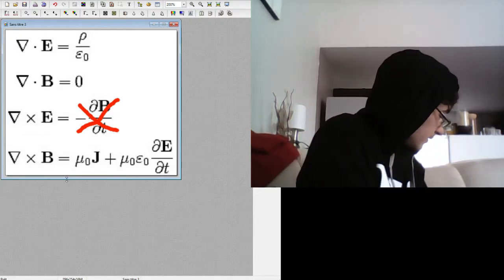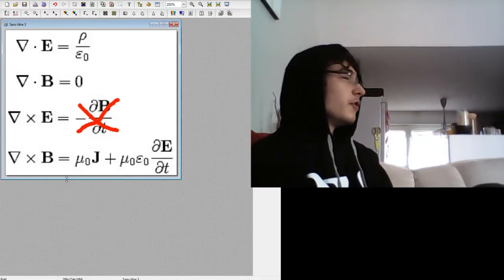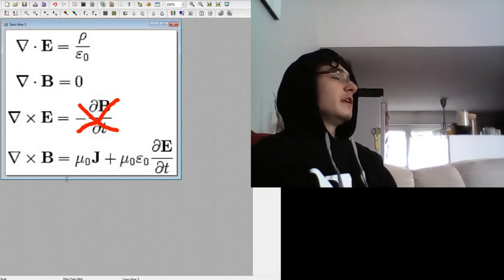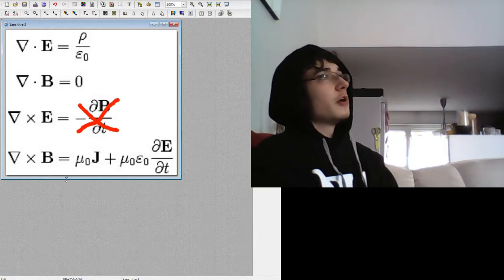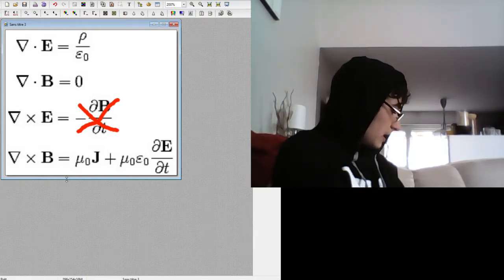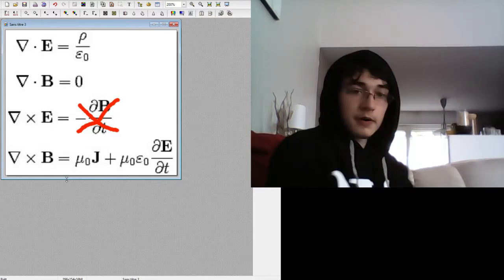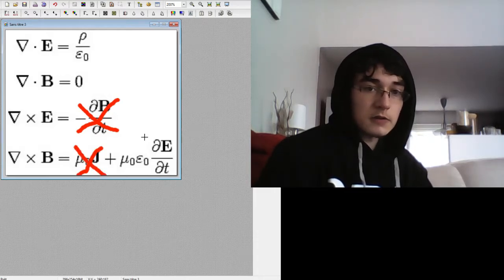And then you can rewrite E with the gradient of V, because E equals minus the gradient of V, where V is the electrostatic potential. Obviously in Maxwell-Ampere, this one will get this term out and you will get this one.